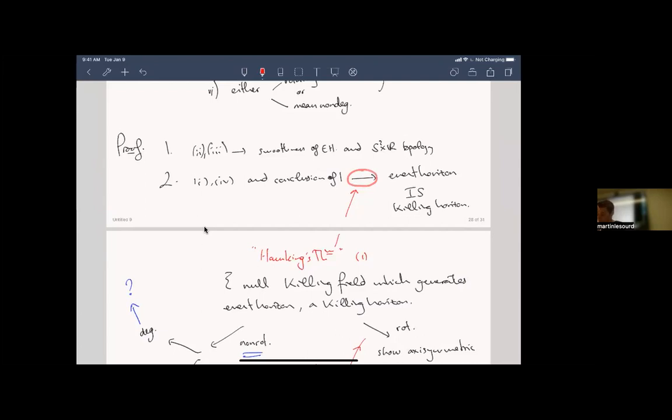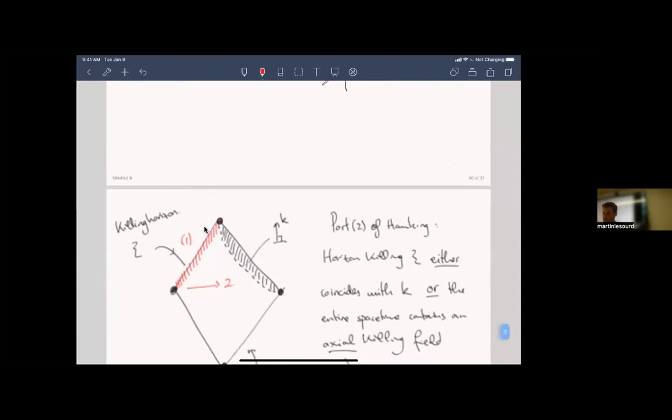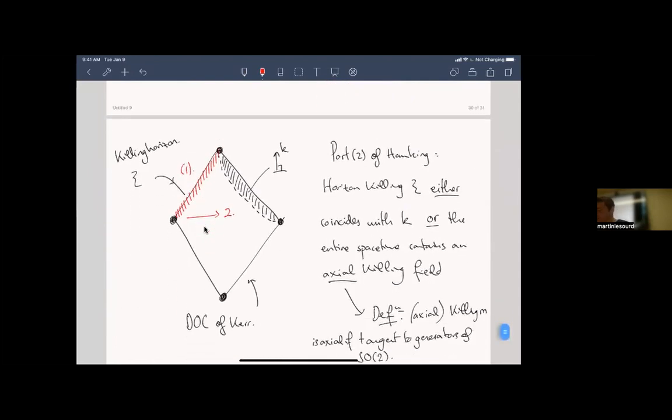There you use it. Then you use it in a second place here, where you say, not only is it there, but it extends throughout the whole space-time. And so that's why I say 1 and 2. So 1 is the red region, to show that the event horizon is a killing field, right? It's a killing horizon. There you use it.